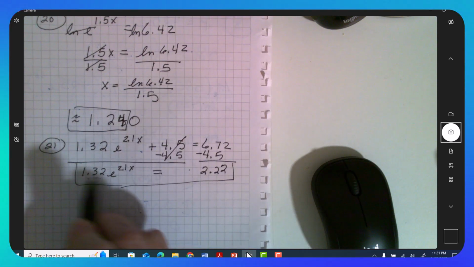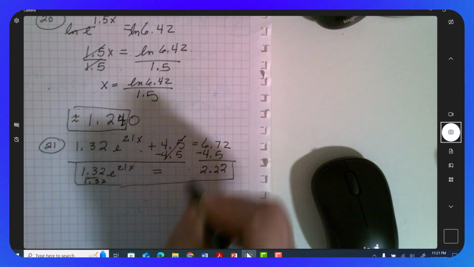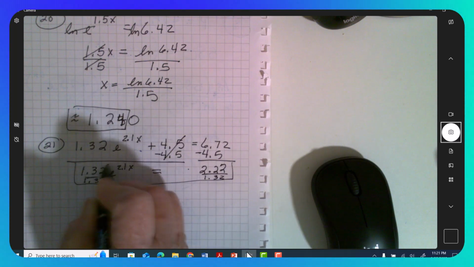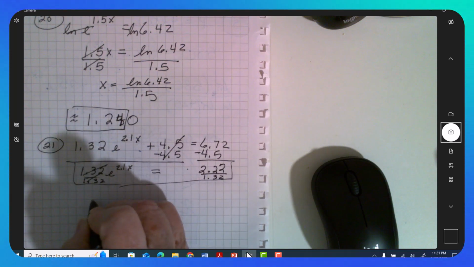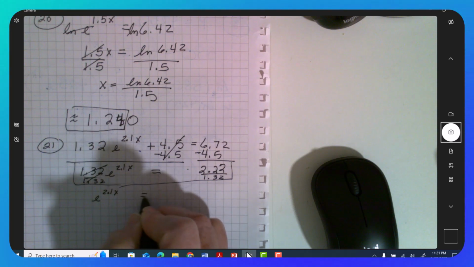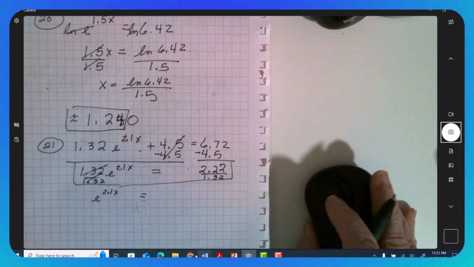All right, divide both sides by 1.32. This is going to be 1. It's going to cancel. So I'll have e to the 2.1 x equals 2.22 divided by 1.32.